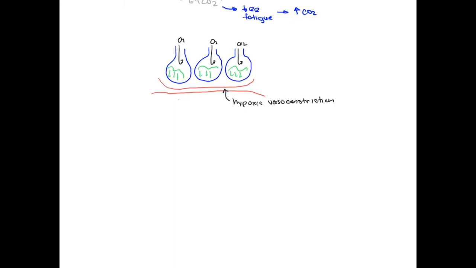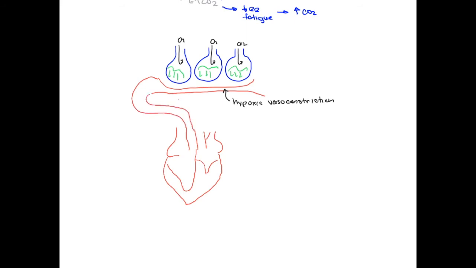So if we draw our heart here, the problem with that is that we know that our blood supply for the lungs is coming off of the right ventricle. So as we have this extensive hypoxic vasoconstriction, our pulmonary artery pressure can increase, or the pressure in the artery that's leading from the right ventricle that's supplying blood to the alveoli is going to increase.